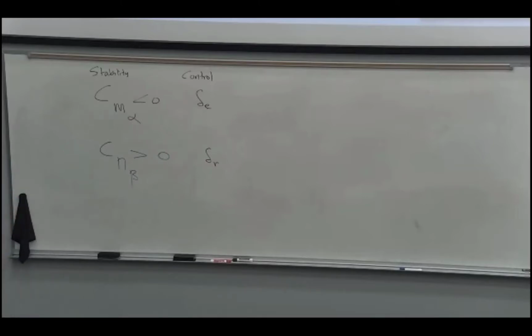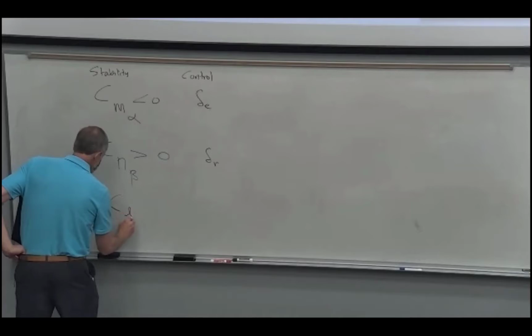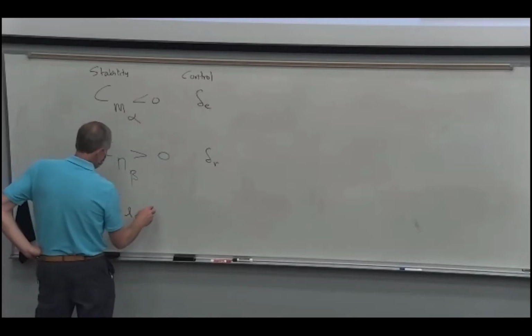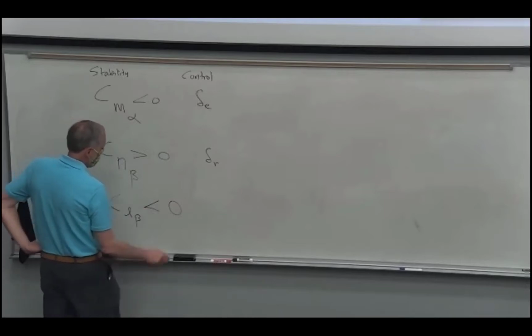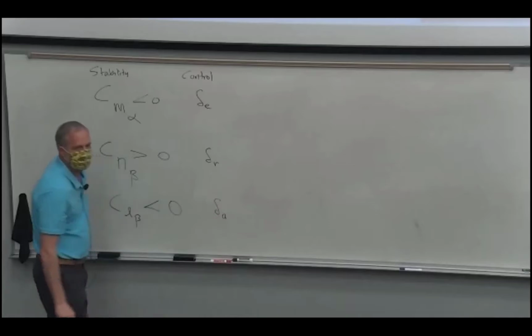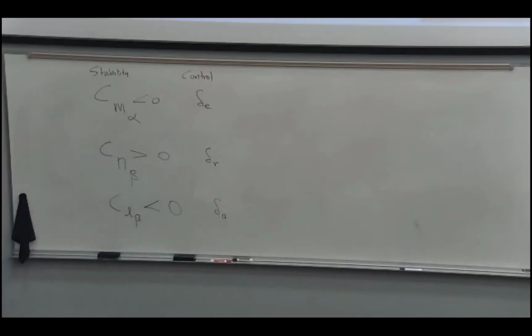So we've added another axis. There's 3 axes, so we've covered pitch, we've covered yaw, and now we're doing roll or bank angle stability. And the control that people put on the airplane to control bank is the aileron. So that's the last thing we need to talk about.